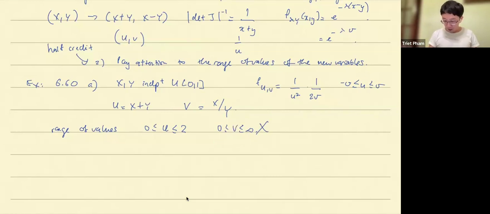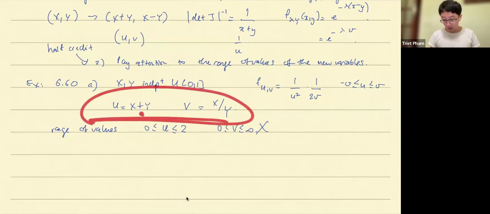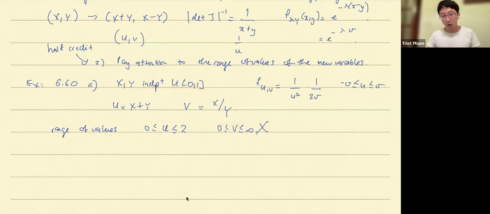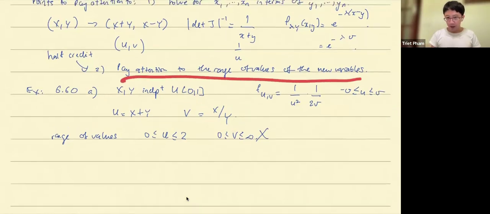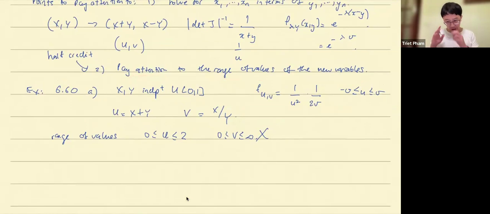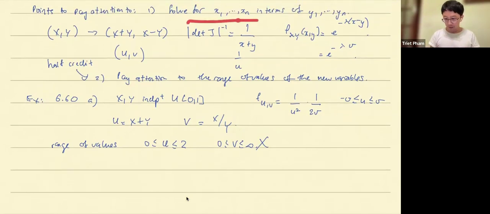The reason is that U and V here have some interaction, because they're both made up from X and Y between 0 and 1. You understand? So the range of values is something that you can only do properly if you backtrack it to the original variables. How?